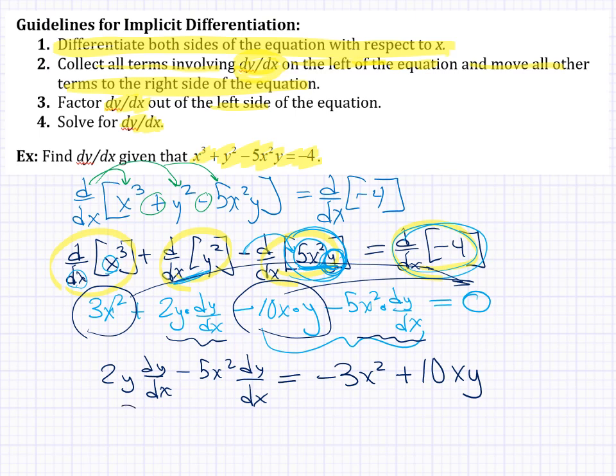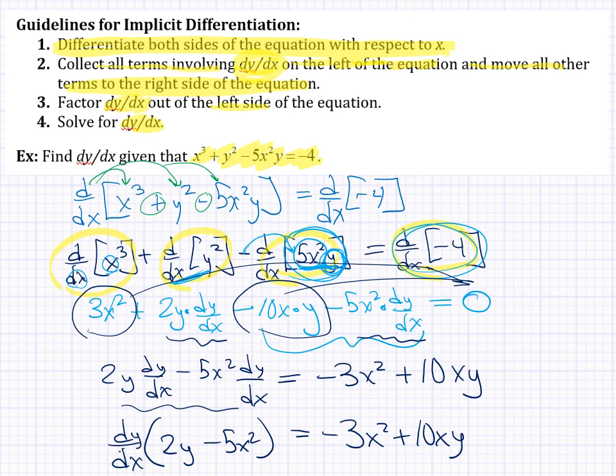Then I can factor the dy dx out of these two terms. dy dx times 2y minus 5x squared equals negative 3x squared plus 10xy. And then finally, I can get dy dx by itself by dividing this to the other side of the equation.